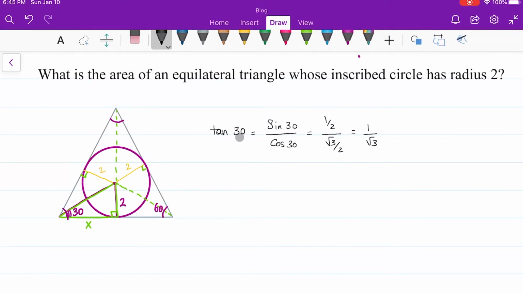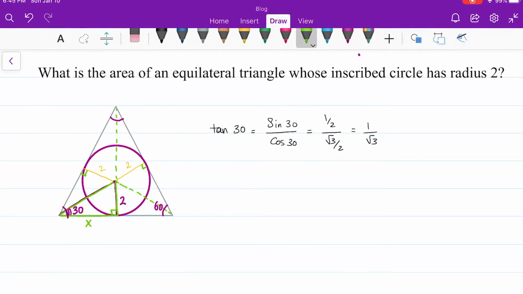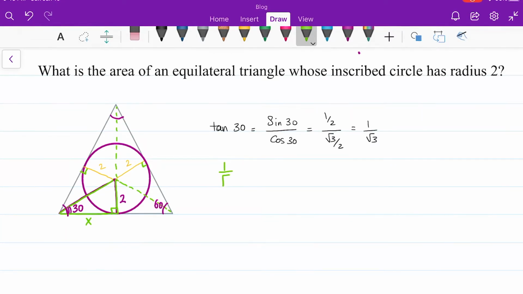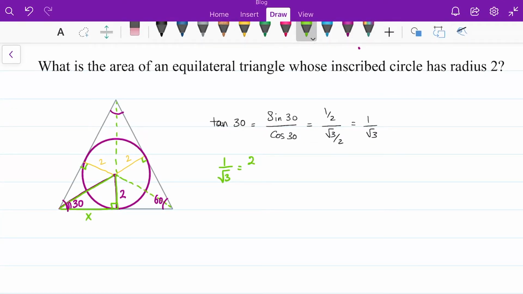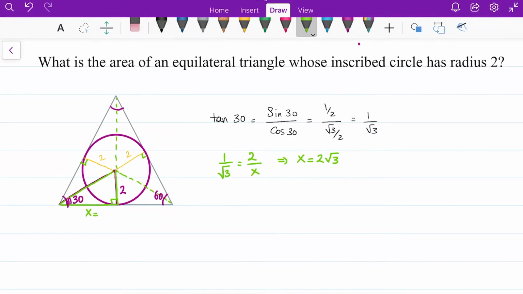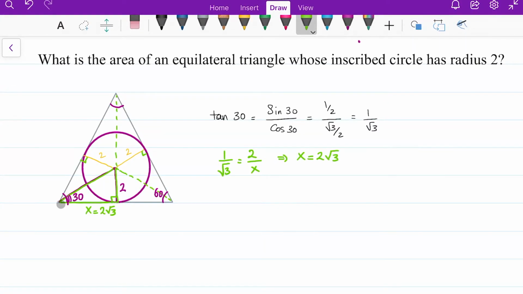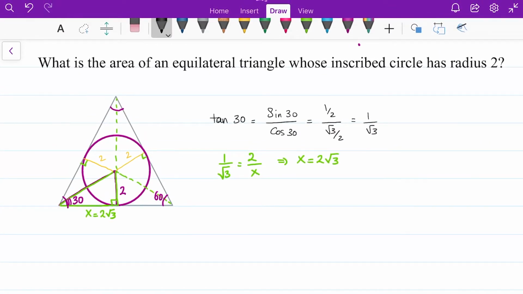And the tan of 30 is also this length, 2, over x. So 1 over root 3 is 2 over x, and by cross multiplication, x is 2 root 3. In this green triangle, I have the height and the base.